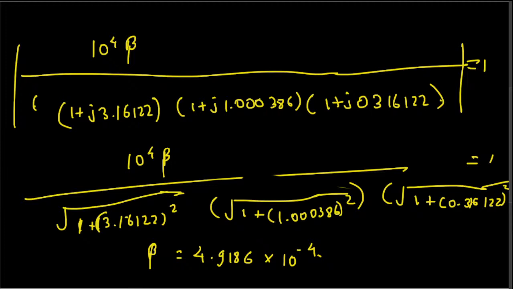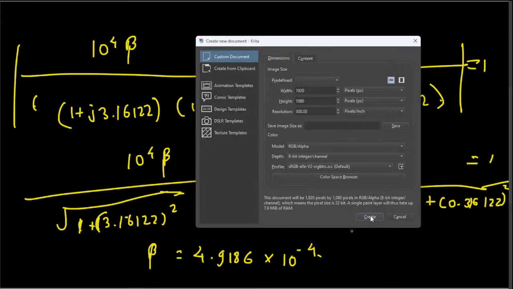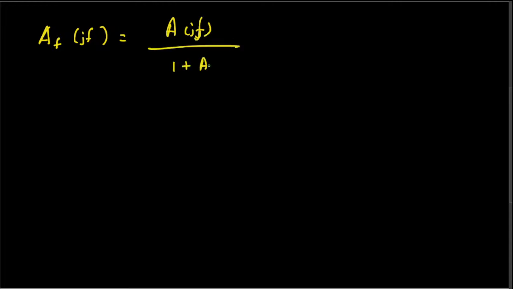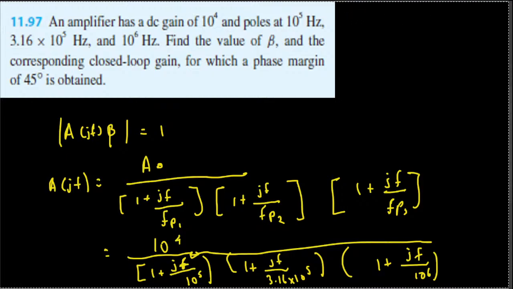Now to find the closed loop gain, you have to use this equation. Closed loop gain A_f(jf) is equal to A(jf) divided by 1 plus A(jf) times beta. This A(jf) is nothing but the DC gain that is provided in the question, 10 to the power of 4.